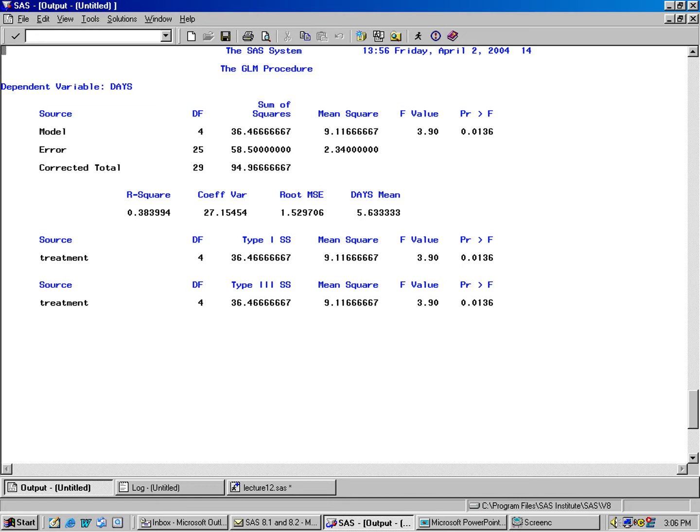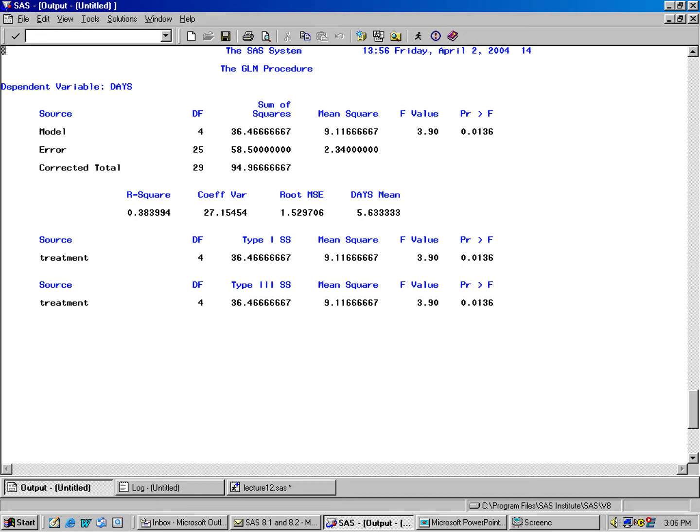So what is that saying? It's saying that at least 2 treatments, maybe more, have a difference in terms of how long on average it took for them to heal up the blisters. So the natural follow-up question becomes, which are the 2 treatments that are different?